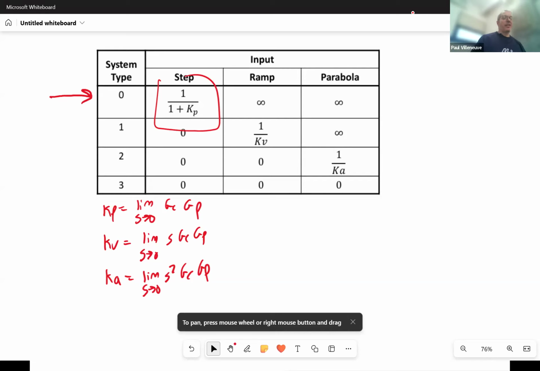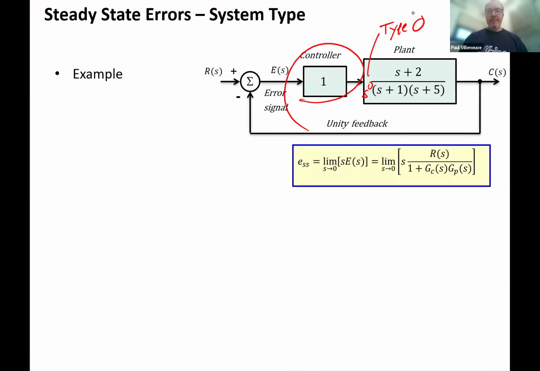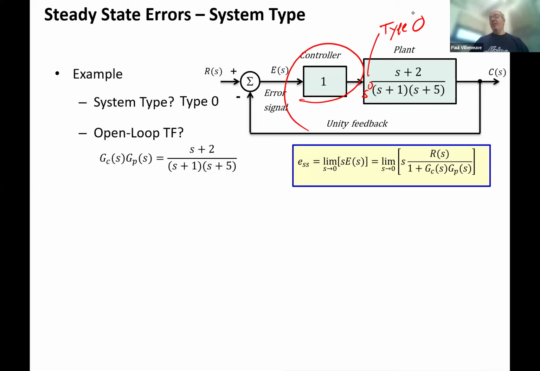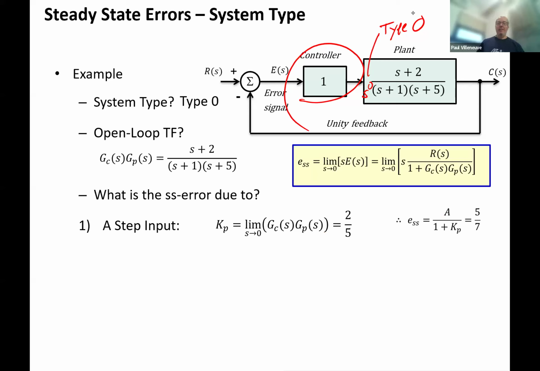Now we have to solve for k sub p, which is the limit as s approaches 0 of g sub c times g sub p. So it's a type 0. What's the open loop transfer function? 1 times s plus 2 all over s plus 1 plus s plus 5. What's the steady state error? Step input. You do the limit of gc gp as s approaches 0, and you get 2 over 5.